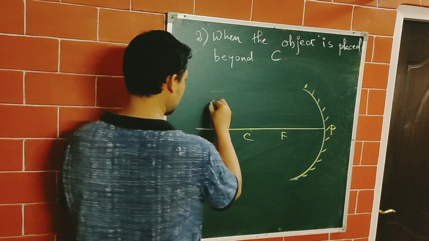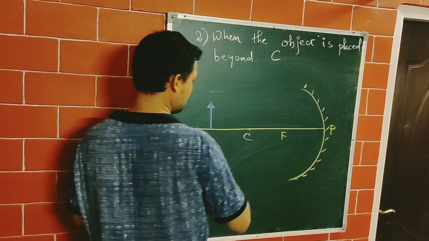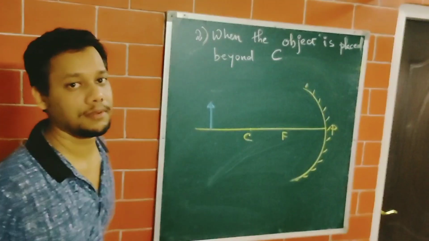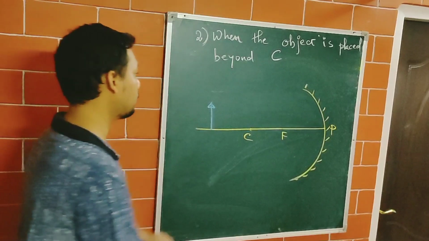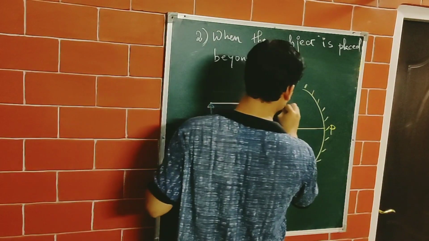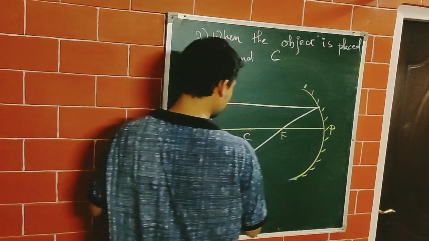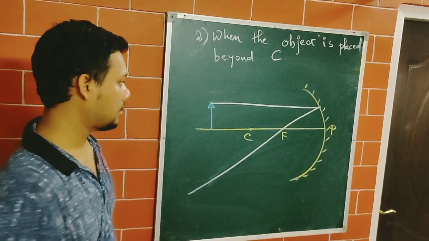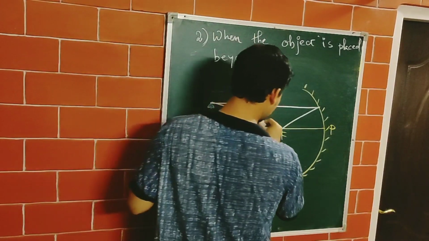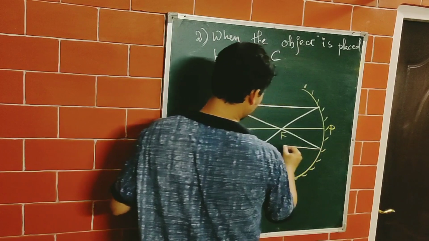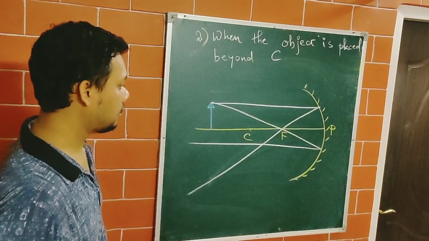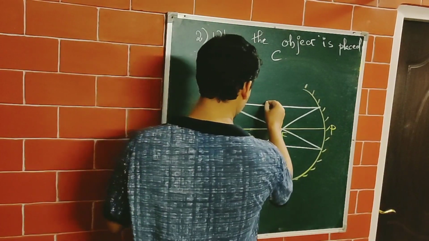Now let us apply the rules that we have learned to draw ray diagram. Parallel to the principal axis, after reflection passes through the focus. Passes through the focus, after reflection passes parallel to the principal axis. These are the directions.